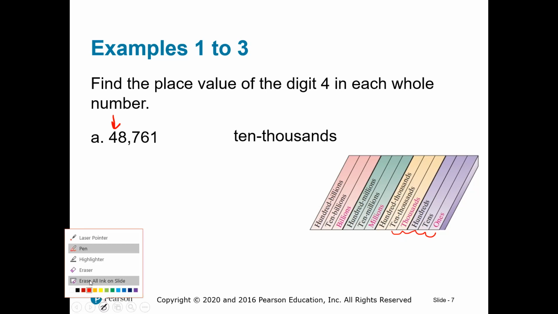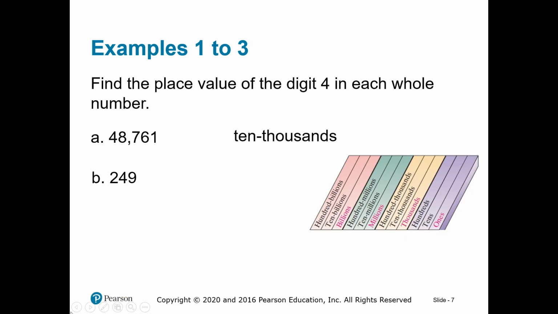Okay, next, 240. Now we're trying to find the 4 again, right here. So that's easy. That's ones and tens. So that takes you to here. That's the tens place. And then finally, for the last one, you have 524,007,656.